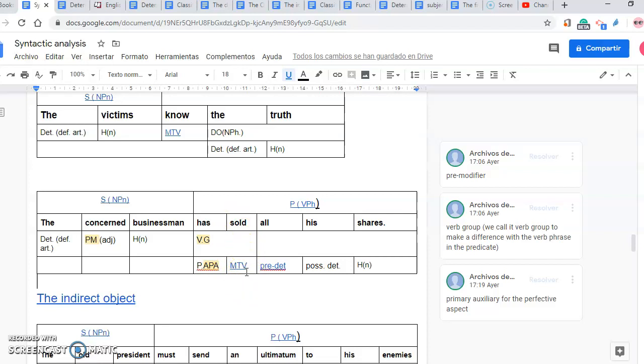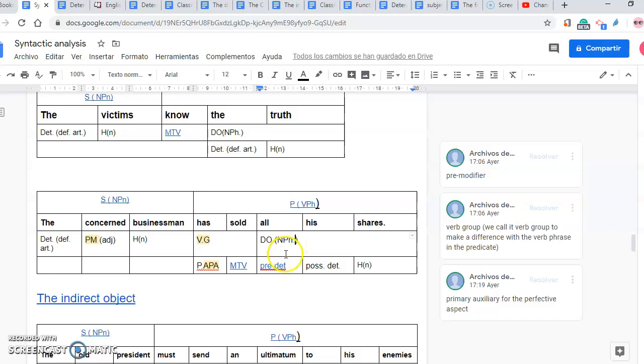You sell something. So it is a transitive verb. Now we are going to see these kinds of monotransitive verbs in detail. And all his shares is, I didn't write it here, the direct object, and it is a noun phrase.